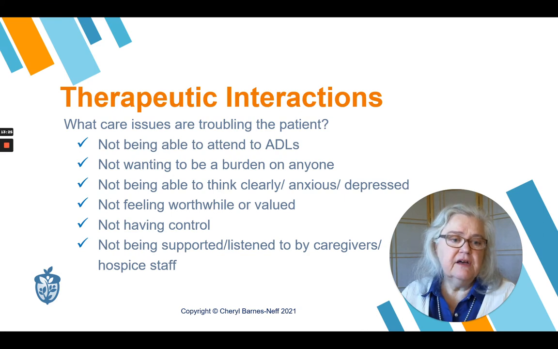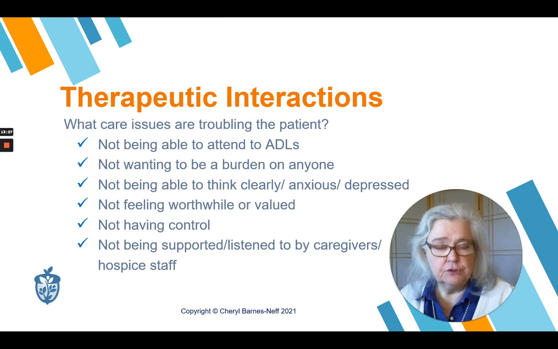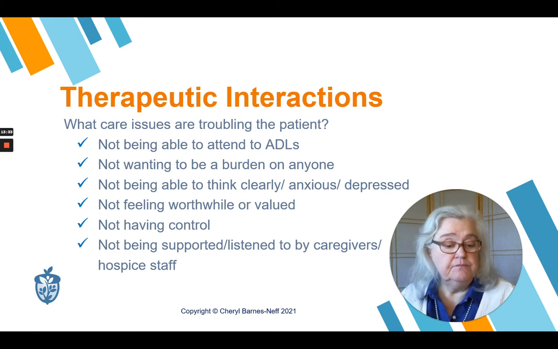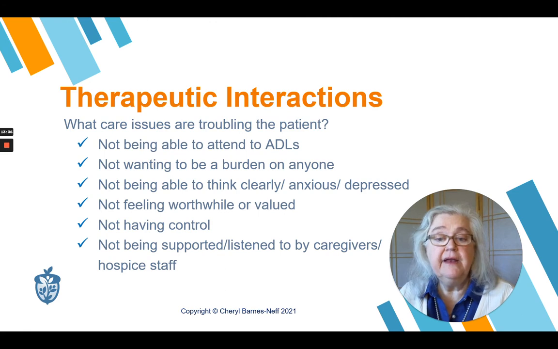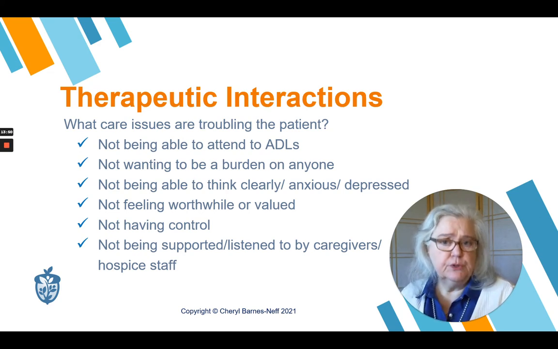So when we discover the patient feels out of control, that can cause a lot of distress, anxiety, even agitation and aggressive behavior. So if they don't feel supported or listened to by their caregivers or the staff, that can be a real burden for them as well, and create a lot of anxiety. And it's something that we want to release and ease the burden of suffering that they experience because of that.